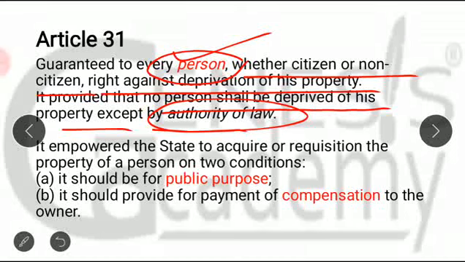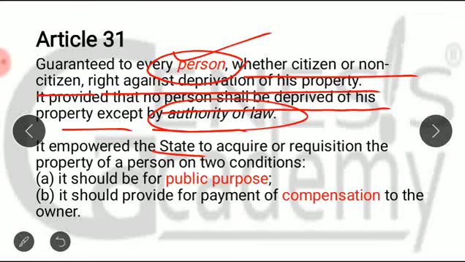So under Article 31, every person, whether he is a citizen or not, had the right that he shall not be deprived of his property except by the authority of law. That means only under the authority of law could he be deprived of his property. But there were 2 conditions.